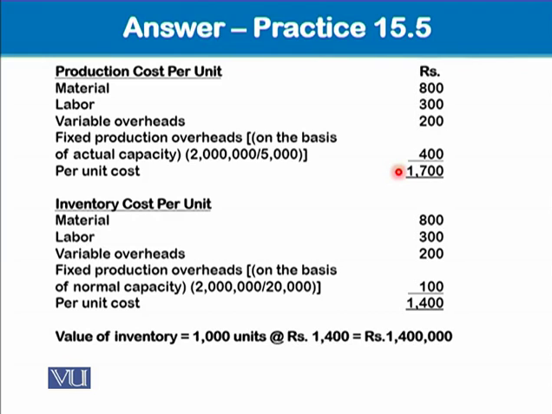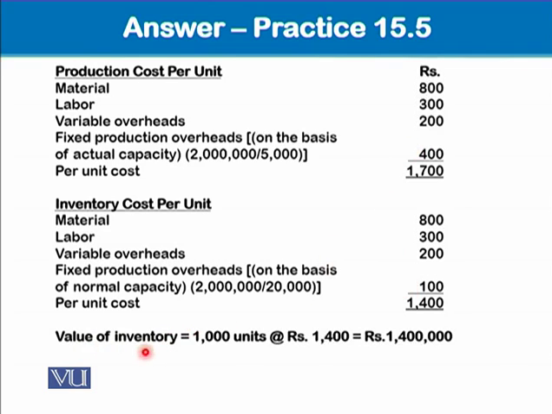It is the cost of production per unit, whereas the cost of inventory will be worked out based on this formula, that fixed factory overhead cost will be divided by the normal capacity, because normal capacity is much higher than the actual capacity, so that our per unit cost is lesser than the production cost.